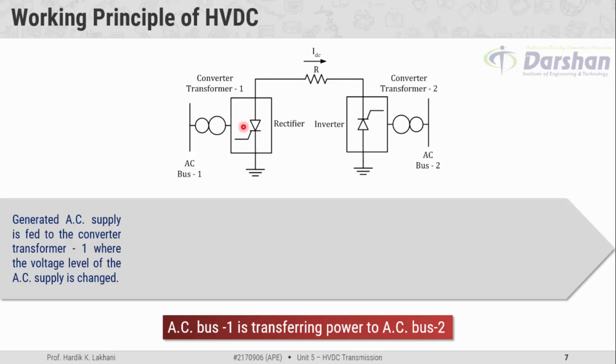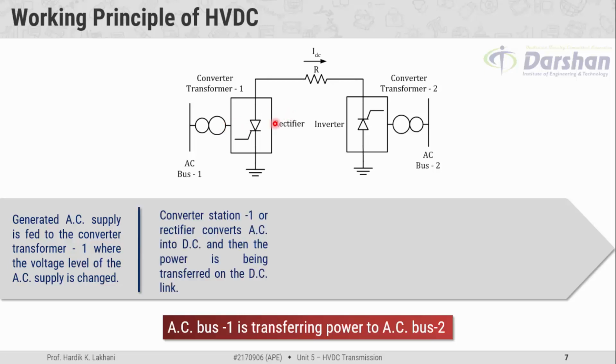The task of the rectifier is to convert the AC parameters which are coming from converter transformer 1 into DC parameters. So after converting AC into DC, the power is transferred on the DC link which is shown over here. The power is transferred over a longer distance by this DC link from the sending end rectifier station to the receiving end inverter station.